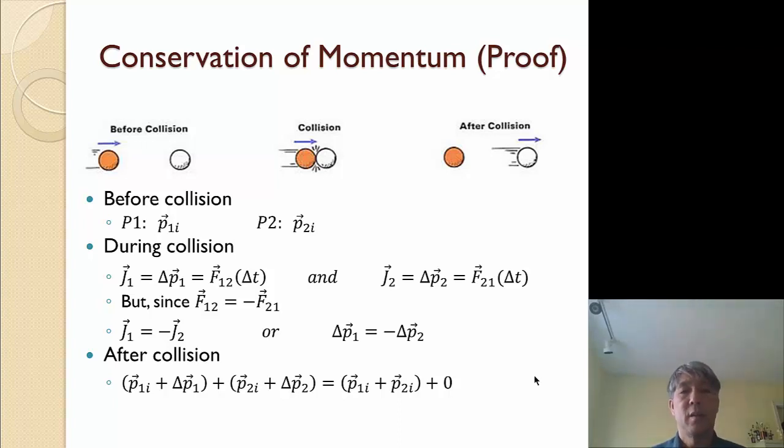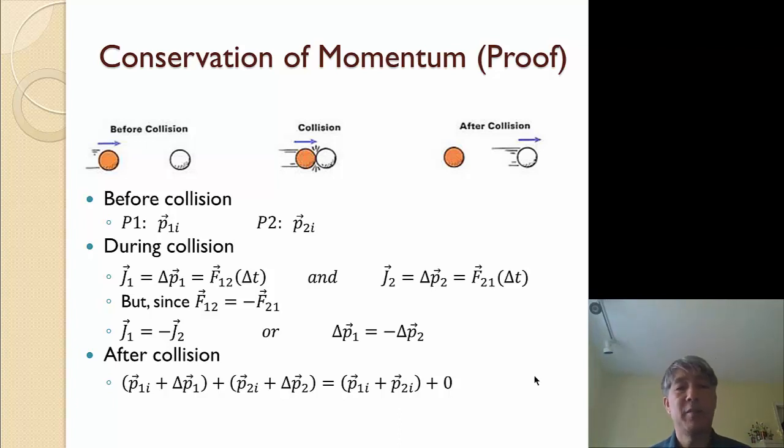So the impulse on the first ball, the change in momentum of P1, is going to equal the force of object 2 on object 1 times time. And the impulse on the second ball is the force of object 1 on object 2 times that amount of time.